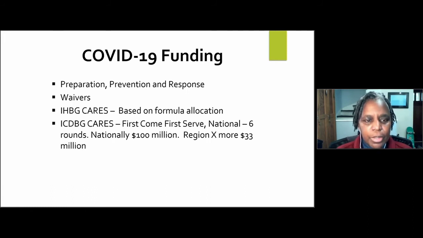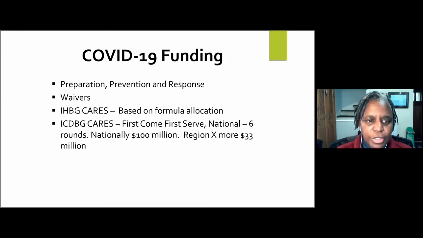And some of the waivers that were provided allowed tribes to provide all types of different services for over-income folks, but also do different types of activities like food distribution and things that normally wouldn't be done under NAHASDA.